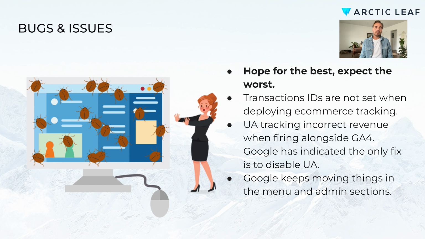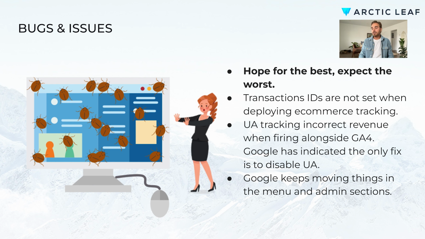Another one that I found really interesting: in the beginning, Google recommended, hey, create the GA4 property, but you can still use UA in tandem with GA4, even if you're not using GA4 for e-commerce. You're still heavily leaning on your UA property for e-commerce, but you have GA4 working in tandem. And that's great.